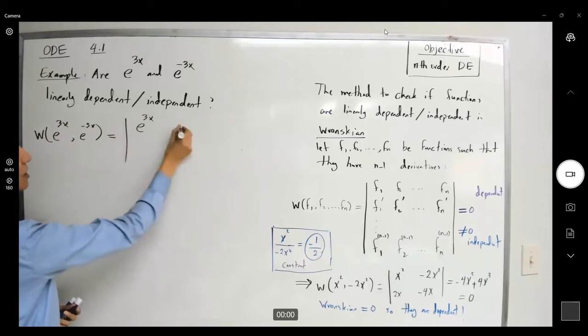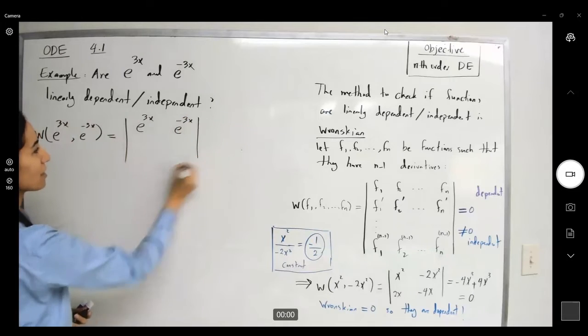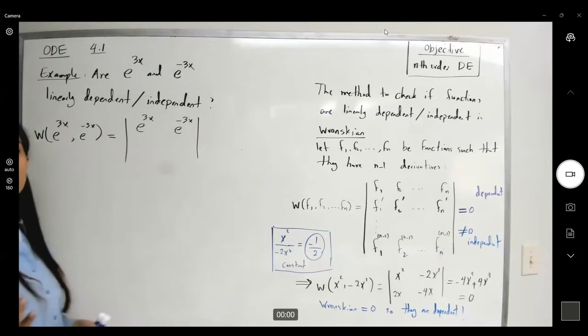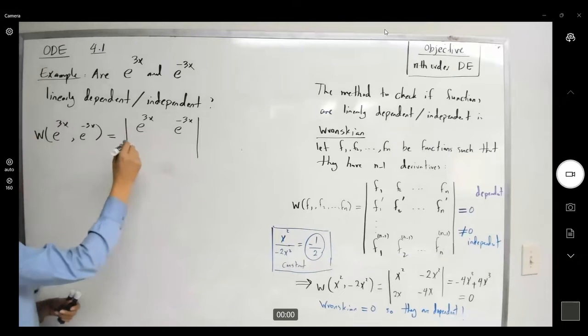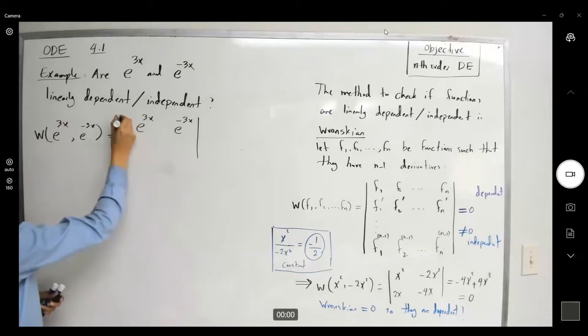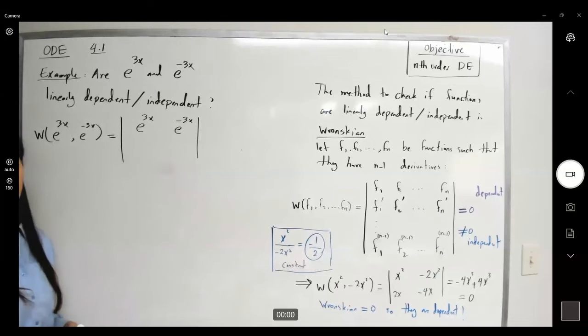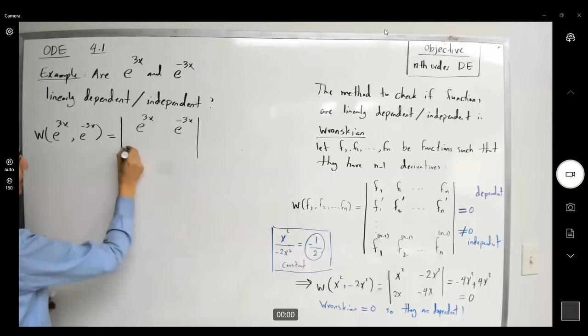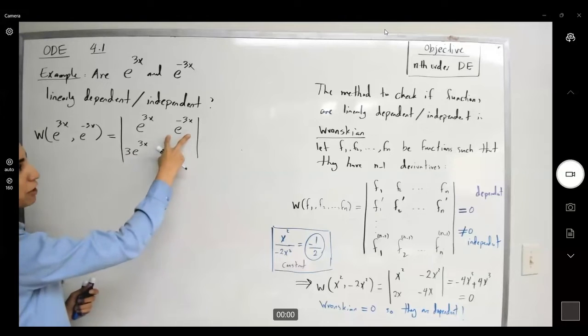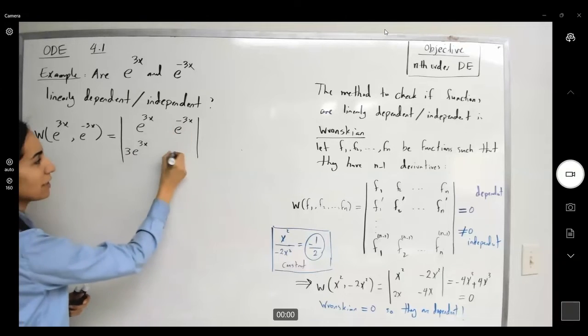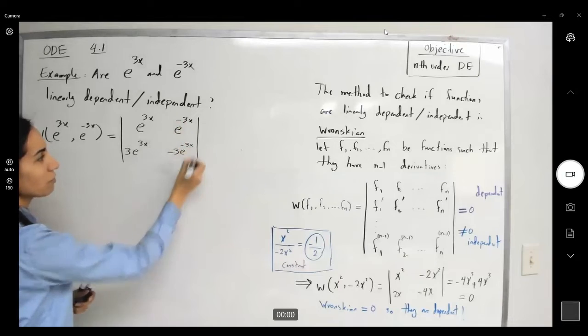e to 3x, e to negative 3x. On the second row, I'm going to take the derivative. The first derivative of e to 3x, using the methods that you learned in elementary calculus, gives you 3e to 3x back. The derivative of e to negative 3x is negative 3e to negative 3x.